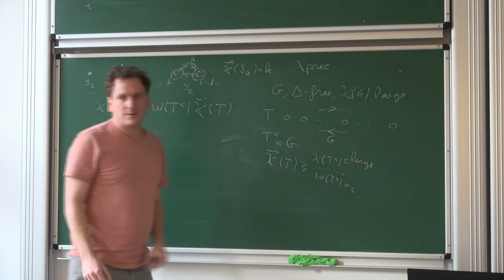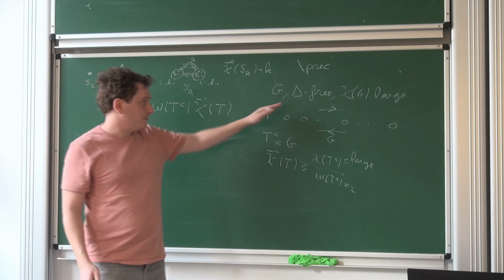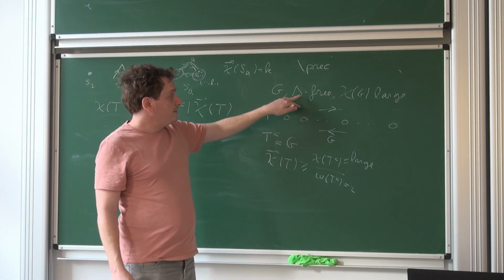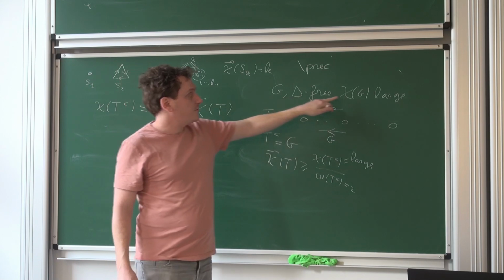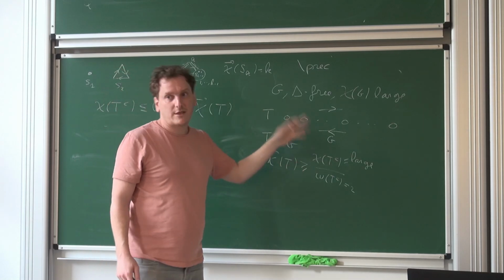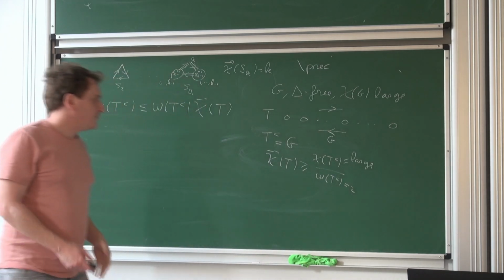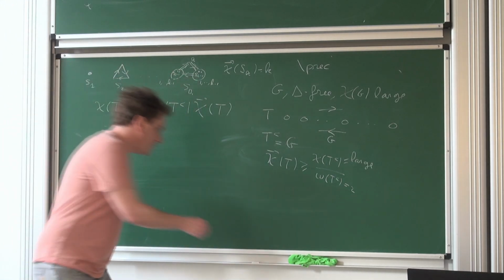So the dichromatic number of this tournament is large. So this is a way, from an undirected graph G that is triangle-free with large chi, to build a tournament with clique number 2 and large chi. So this is useful, and the proof is easy.